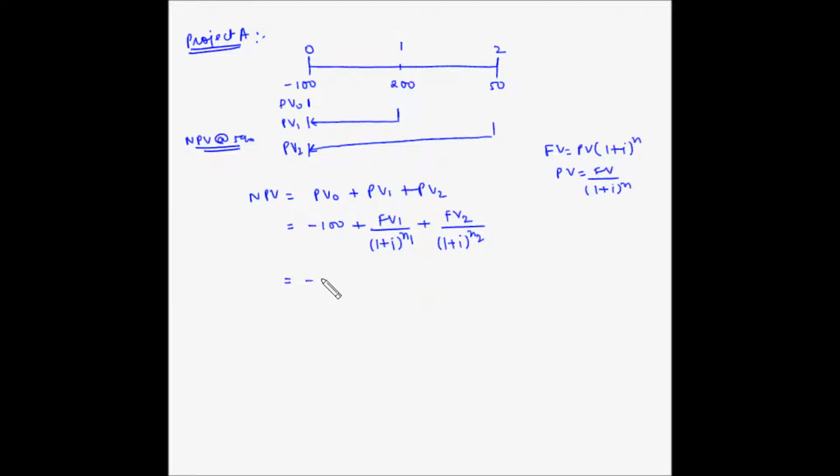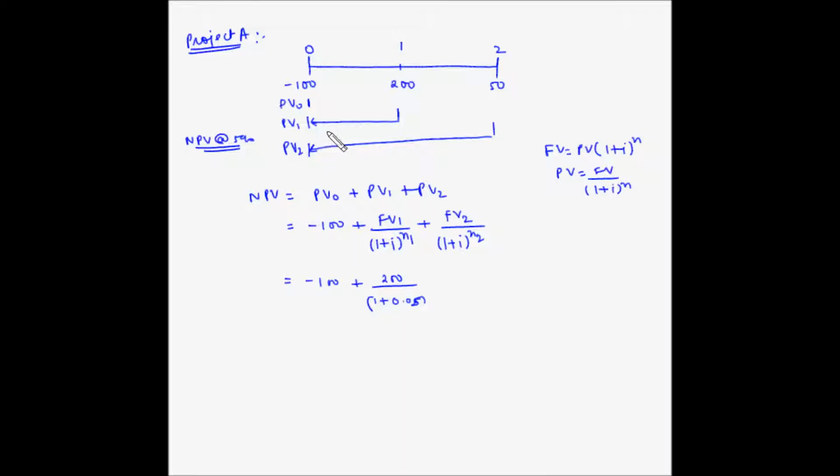So this is equal to minus 100 plus, now future value 1 is 200, divided by 1 plus i, where i is 5%, which is 0.05, to the power n1.